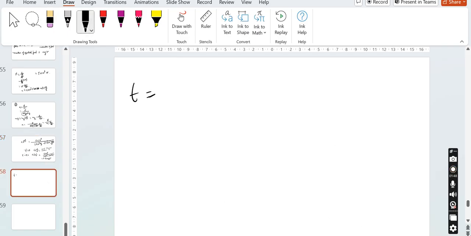Then t is equal to 30 seconds, so that will be 3.6 meter per second square.